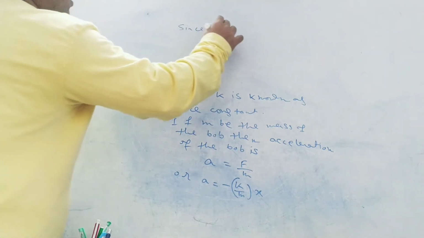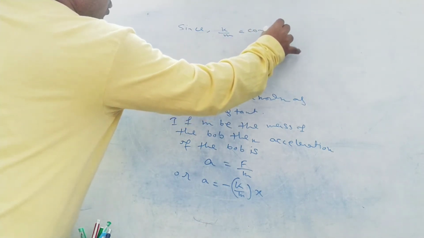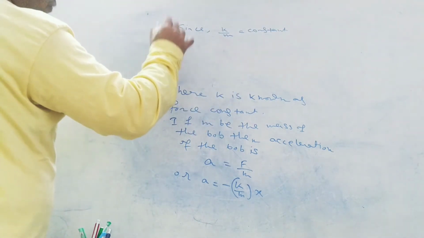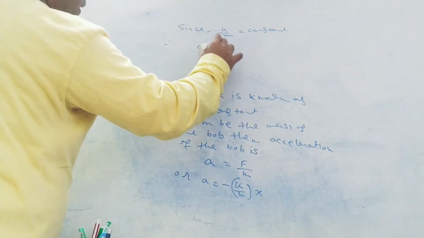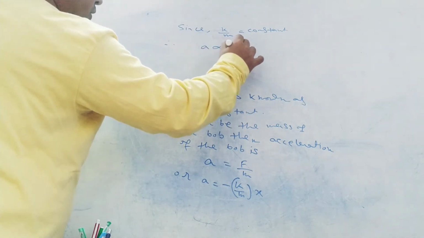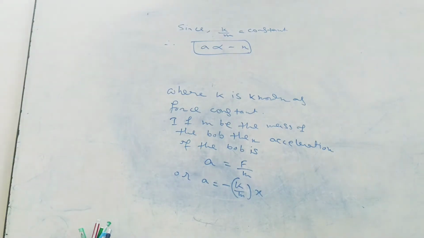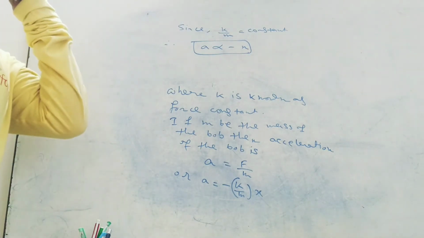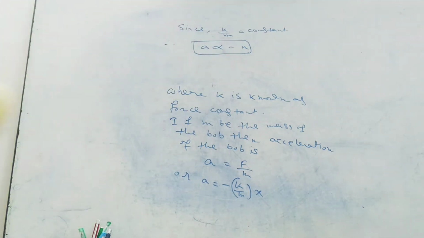Since k by m is a constant, we can write a proportional to minus x. This is an example of simple harmonic motion, that is acceleration is directly proportional to displacement and in opposite direction.